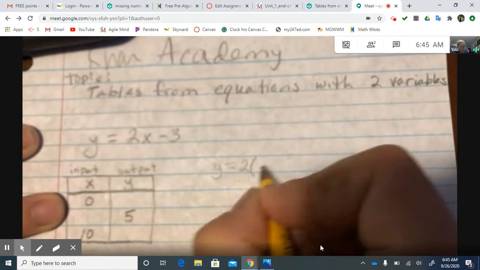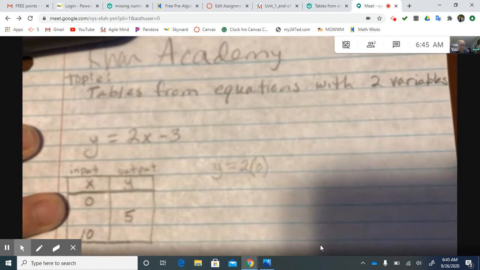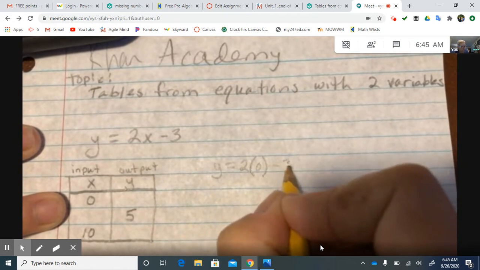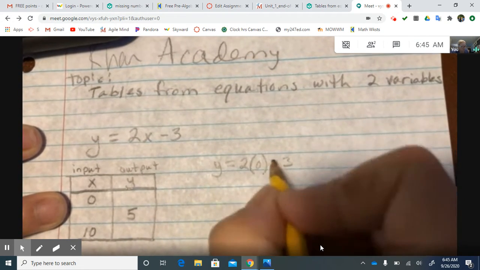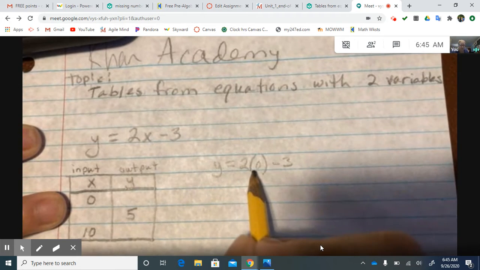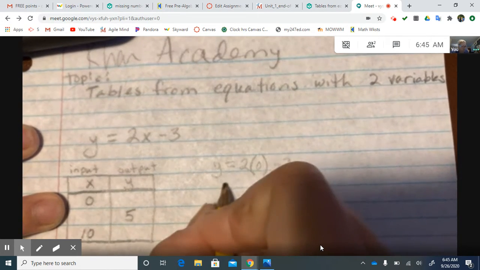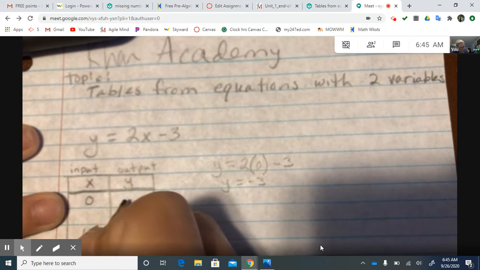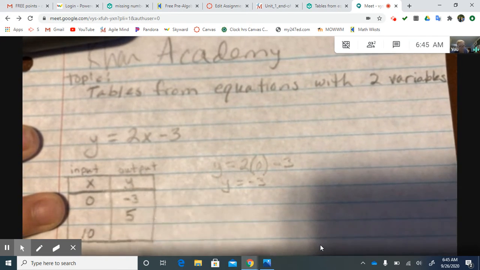So put 0 in for X, and then minus 3. Now we can multiply 2 times 0, which is 0, and 0 minus 3 is negative 3. So we know that Y is negative 3.